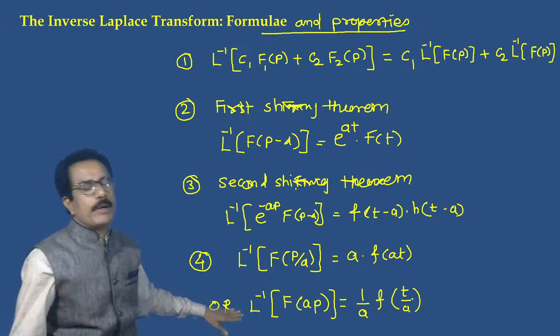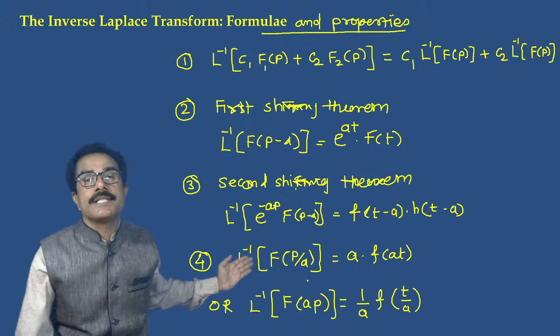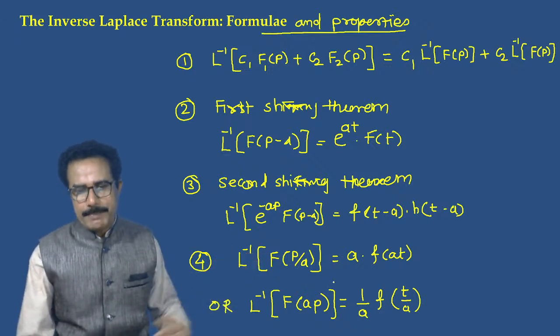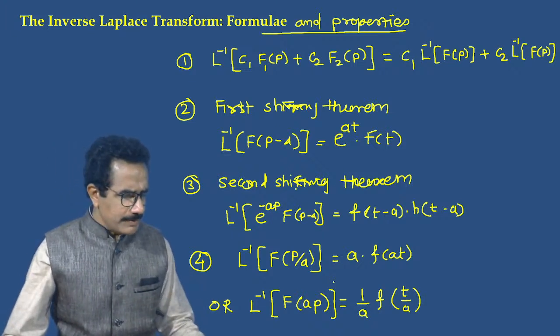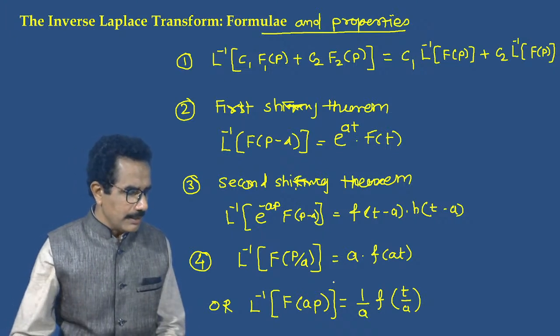You can use this formula or that formula. Actually, this is the change of scale property in the inverse Laplace transformation. So we can write a number of problems regarding this.